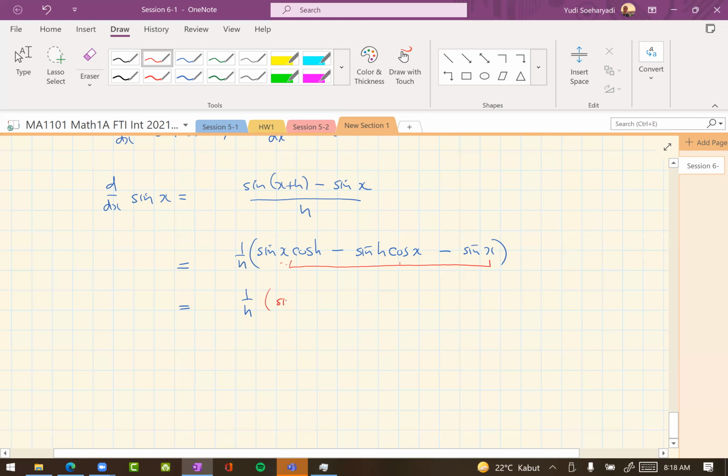Okay, so sine x times cosine h minus 1. And what's left here is sine h.